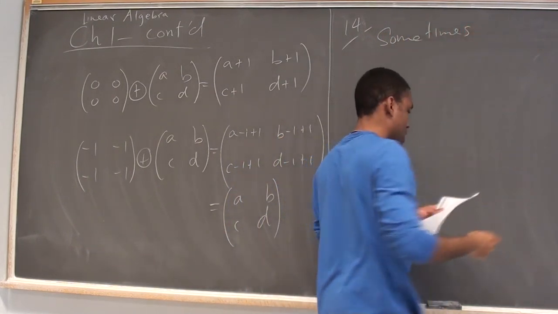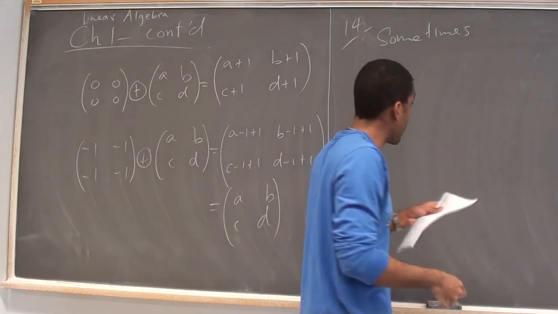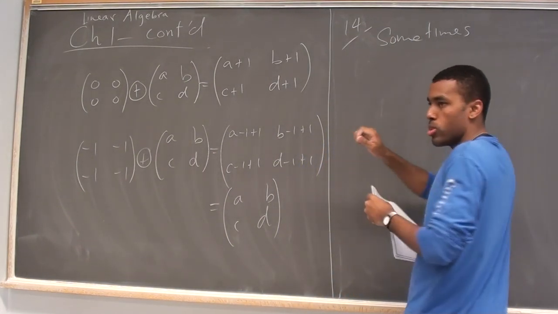So I'm going to introduce a notation here for the sole purpose of defining matrix multiplication, then we'll probably never use it again. But you will see it in your first homework.